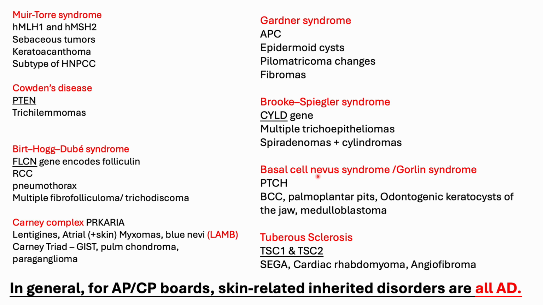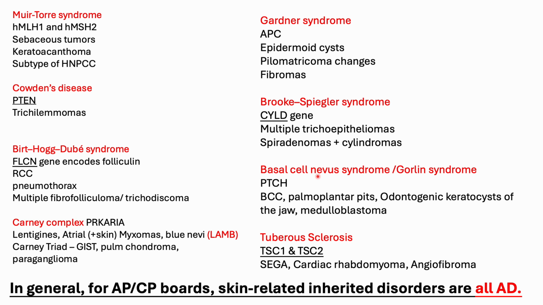Affected genes are the TSC1 and the TSC2. When you are doing your neuropath rotation, you should know the SEGA is associated with the tuberous sclerosis, and heart. In the heart is the rhabdomyoma associated with the TS. And in the skin, the patient may present multiple angiofibromas on the face near the nose region.